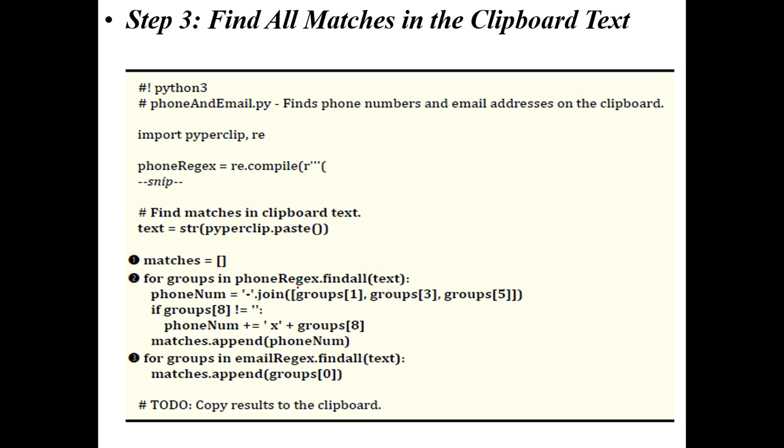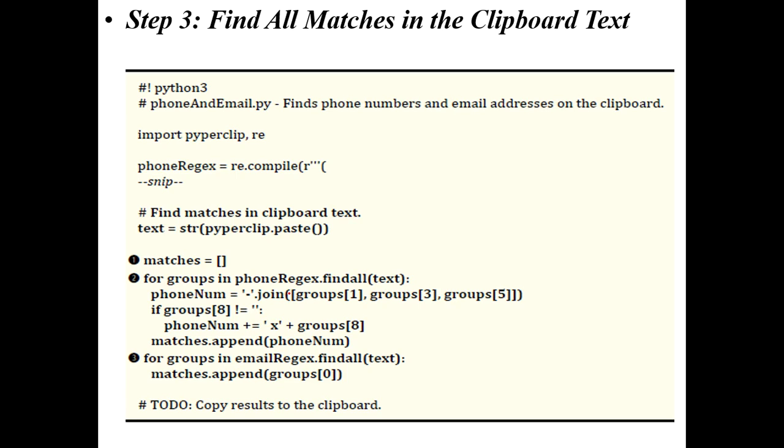Because of that reason, we have to use different groups. We want the phone number appended to be in a single standard format, and because of that reason, we are using join here.